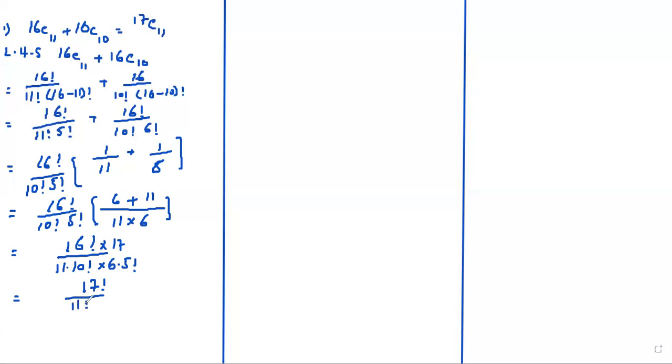And 6 times 5 factorial is 6 factorial. So this may be written as 17C11. We can write it as 17C6 as well, which is equal to the right hand side. So hence proved.